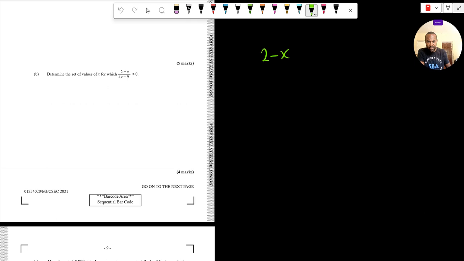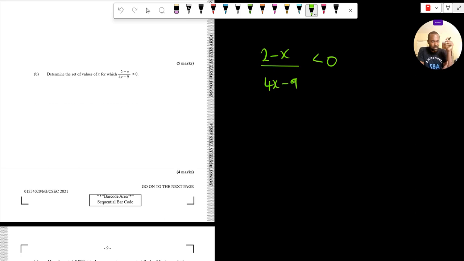So we have 2 minus x over 4x minus 9 is less than 0. Now, it is possible that 4x minus 9 can be negative, right? And so if we were to just multiply by 4x minus 9, we would not be sure if we need to reverse the direction of the inequality or not.